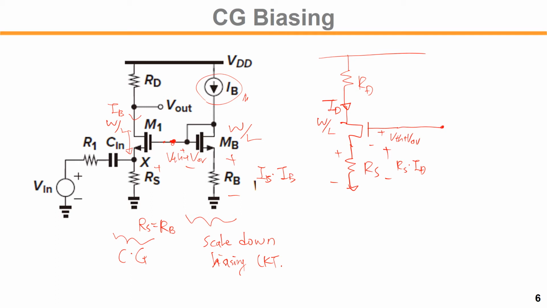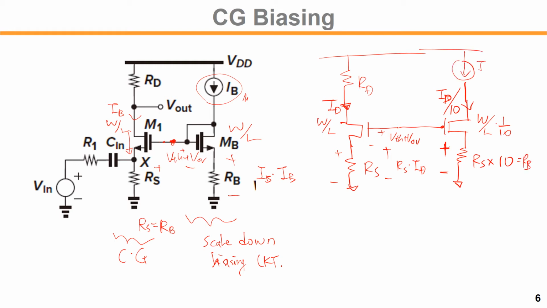Now we want a biasing network with, let's say, 10 times smaller biasing current. We would draw W over L times 1/10, so 10 times smaller than the main circuitry, and also in the resistor network, that would be how much? 10 times larger resistor in this case, so that we get 10x lower current. For the 10x lower current, we see the same voltage drop across RB, right?